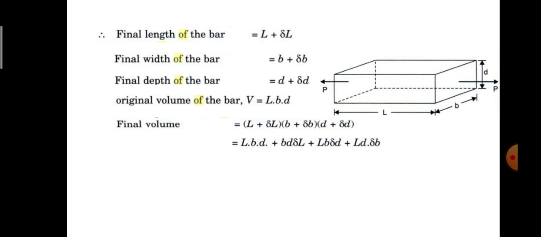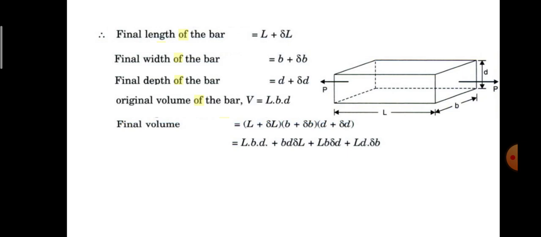Whenever I want to determine the volume of the bar before the application of the loading, it is always equal to L into B into D. The product of LBD gives the original volume of the bar.